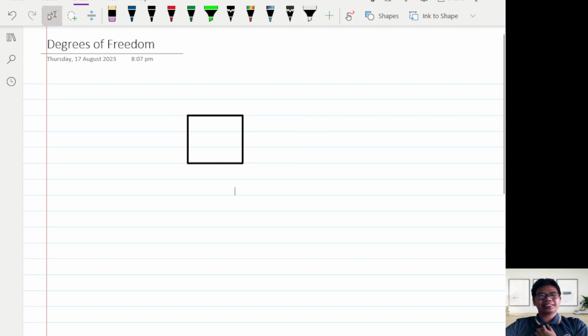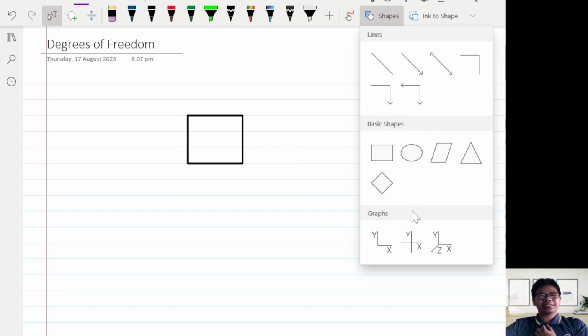Now, to comprehensively describe this enigmatic object, we employ the notion of degrees of freedom. So first, it is called the spatial description. We will begin by associating the object with a two-dimensional, or rather, Cartesian coordinate system.